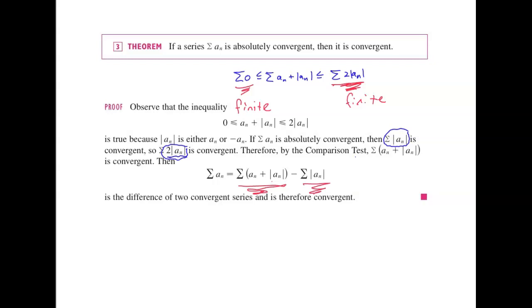So if you have two convergent series, you have something that adds up to a finite number minus something that adds up to a finite number. That's going to be finite as well. Therefore, sigma a_n itself must be convergent. And we've proven that if your series is absolutely convergent, then the corresponding series without the absolute value must also be convergent.